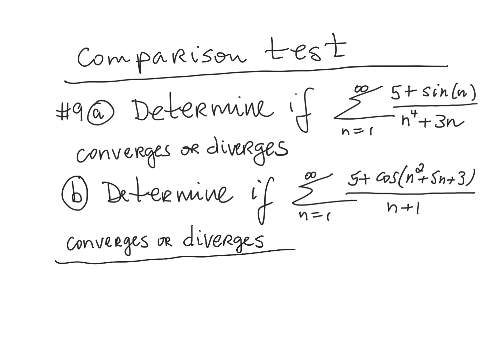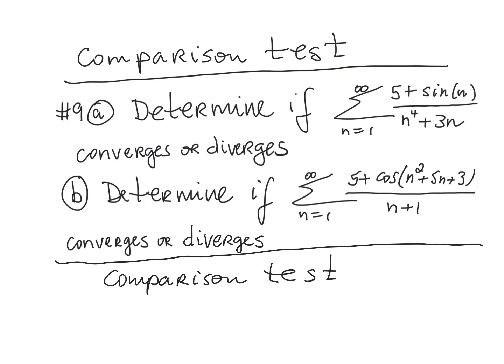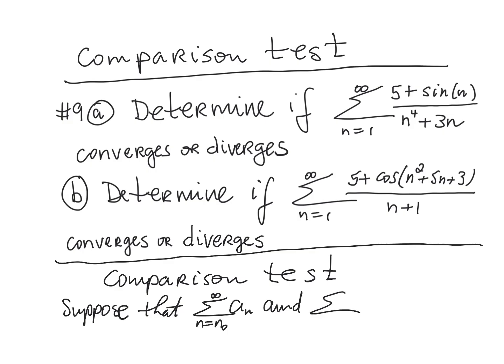So again, let's review both parts of the direct comparison test, or comparison test. Suppose that we have the series, the summation from n equals n sub naught to infinity of a sub n, and the summation from n equals n sub naught to infinity of b sub n.